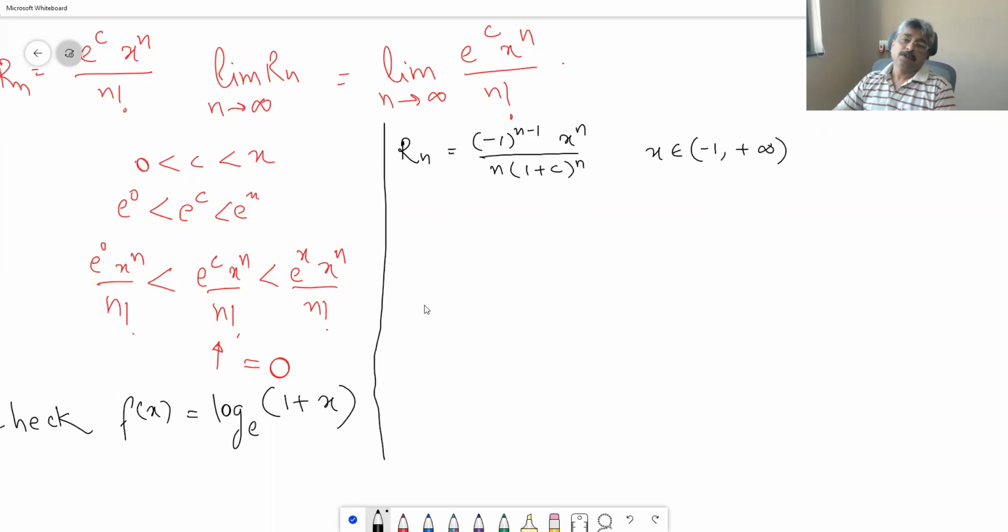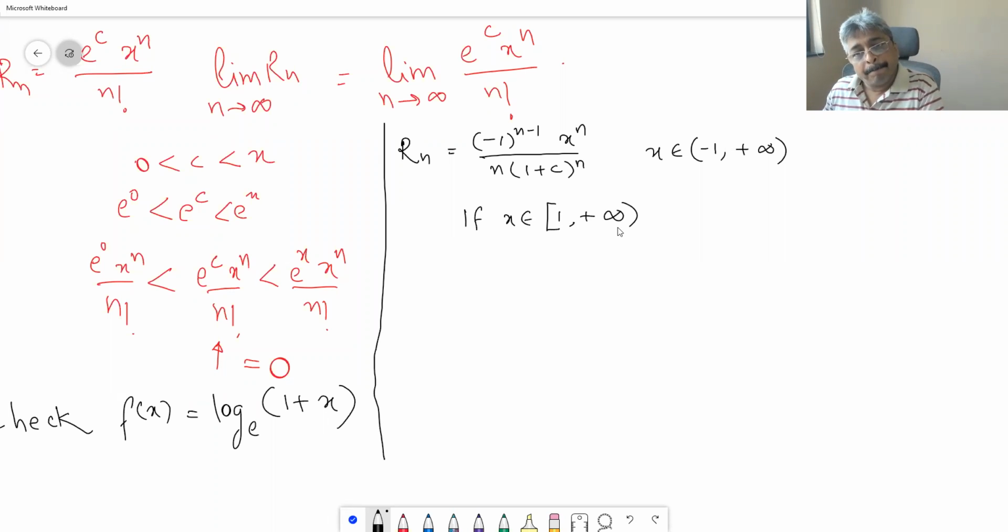Okay, so if x is greater than 1, then what will happen?